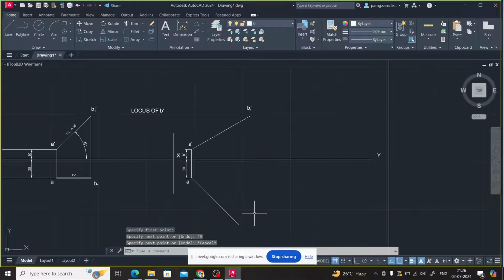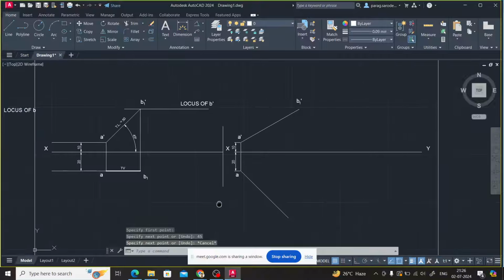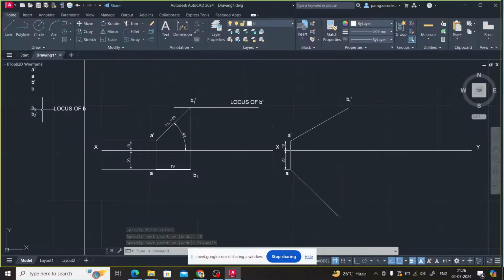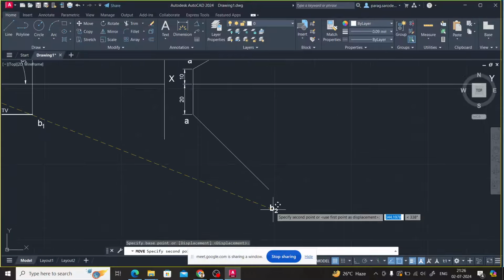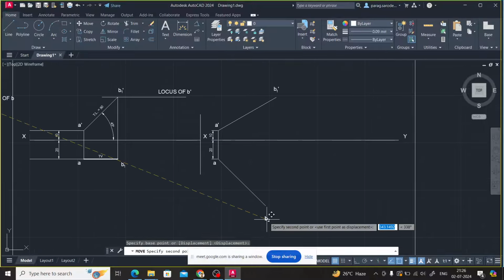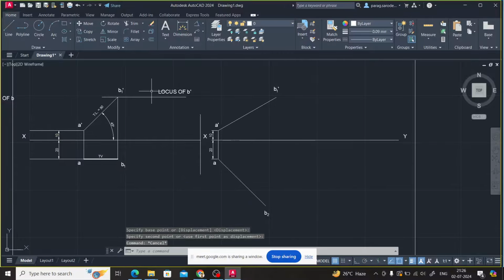In this way. Correct? Now this point is B2, which I have located earlier. I will call this point B2. These two things are done.